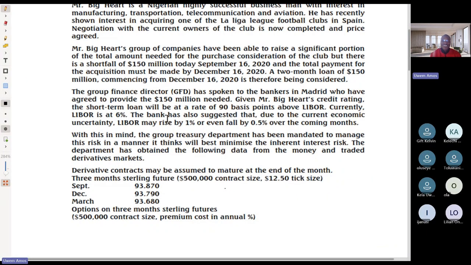It's stated clearly here, that due to current economic situation uncertainty, LIBOR may rise by 1% or even fall by 0.5%. That is what he's afraid of. That is the likelihood of something happening. And so he wants to protect himself. And we're asked to evaluate it based on those 3 methods.